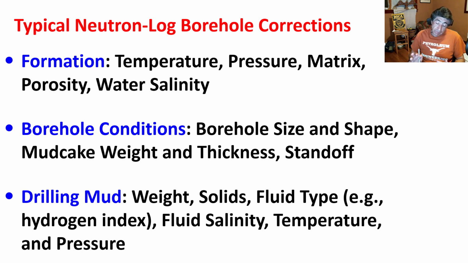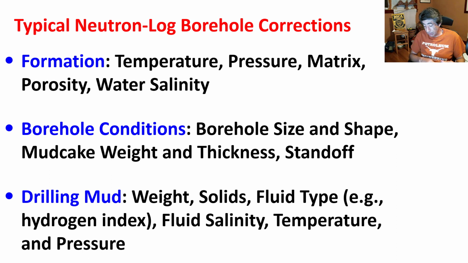Of the different logs that we work with, probably the neutron log is the one that is subject to the most borehole environmental corrections, and those corrections could be large, so we have to be careful that they were applied. Some people don't like neutron logs because of the multitude of corrections, but they're useful.